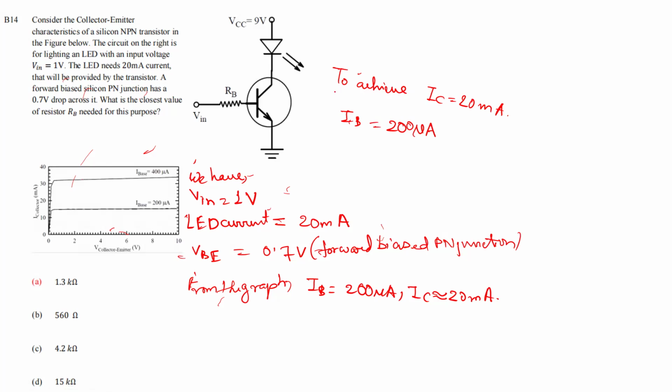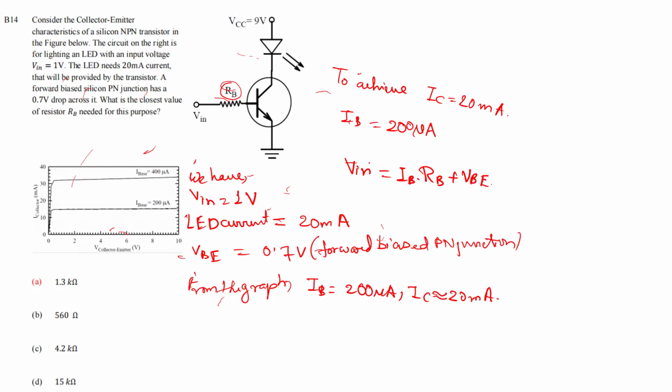We need to find this resistance RB, right? So the base current comes from V in through RB into the base emitter junction. So we can write that V in equal to IB into RB plus VBE.